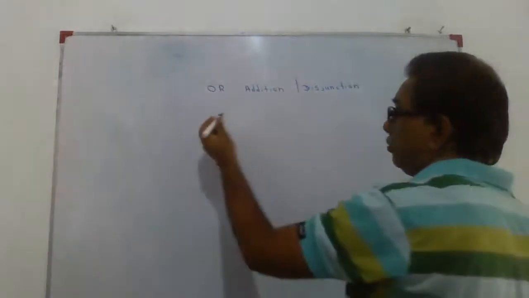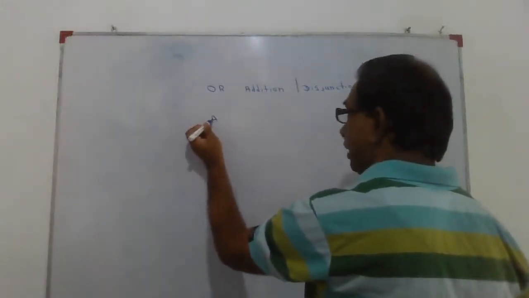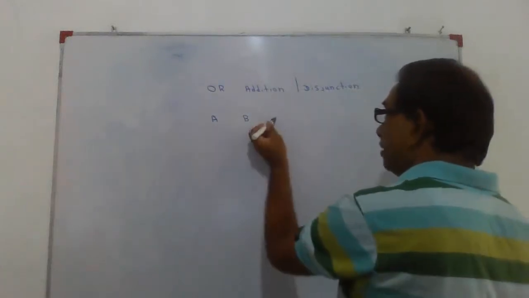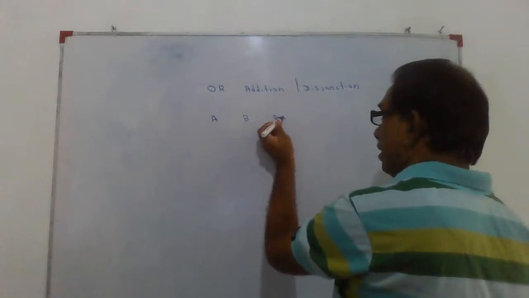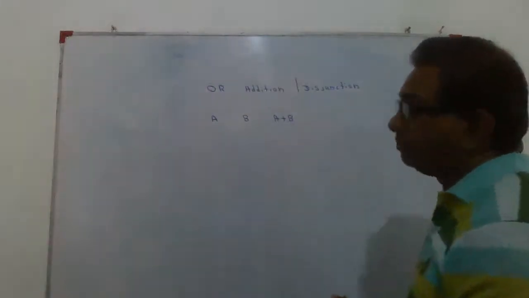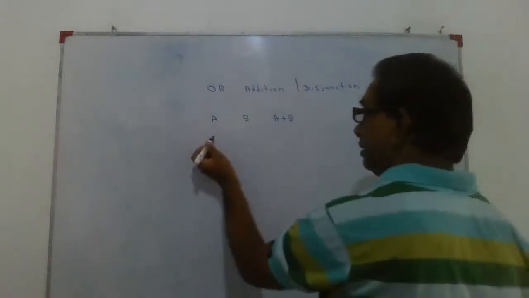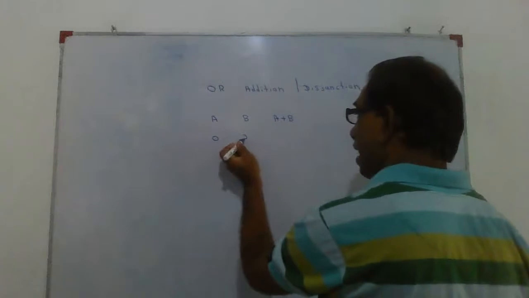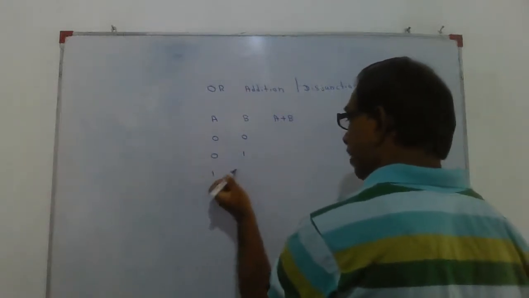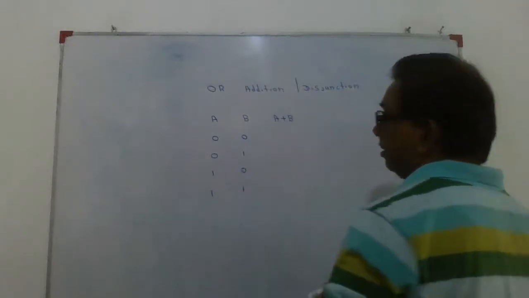We need two variables called A and B. The result will become A OR B, the addition. So the same possibilities: 0 and 0, 0 and 1, 1 and 0, 1 and 1.